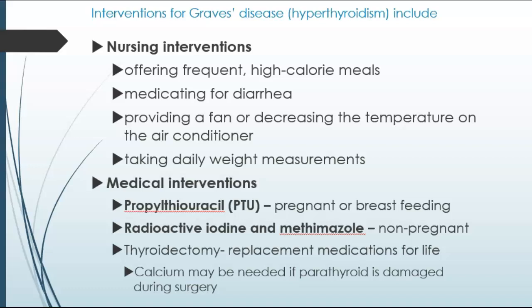They often do a thyroidectomy, and then they have to have thyroid replacement medications for life. So they initially have hyperthyroidism, and then after the surgery, they become hypothyroid, and we have to replace the thyroid medication.